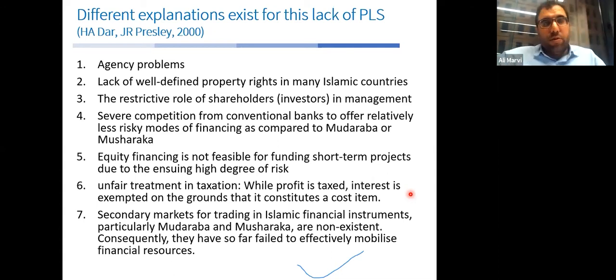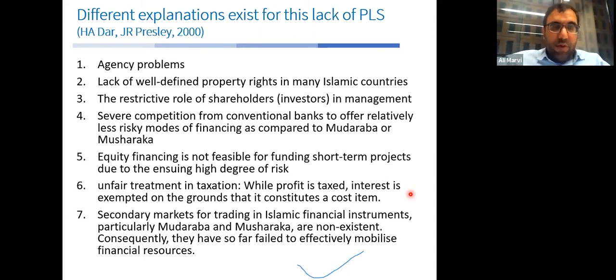They also tried to find a rationale behind this type of taxation, and they argue that it is just by accident.